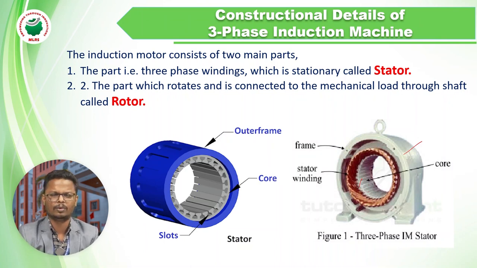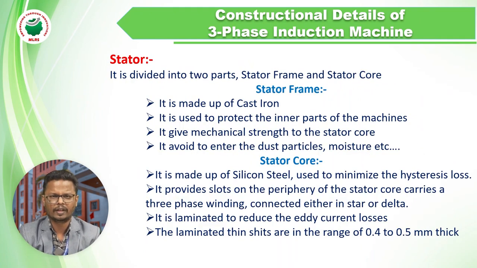First we will discuss the stator. The stator contains two parts: one is the stator frame, another one is the stator core. The stator frame is made up of cast iron, and it protects the inner parts of the machine. It also gives mechanical strength to the stator core, and it keeps dust particles, moisture, etc. out of the machine.